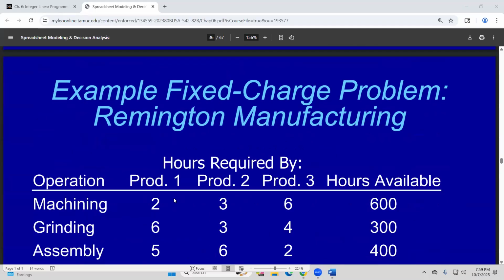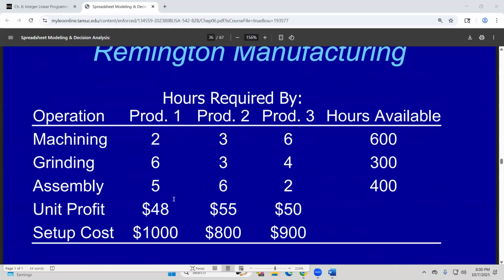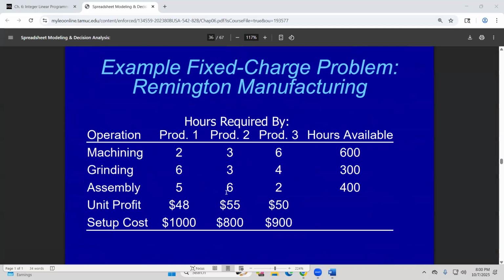Okay. So this is the last topic that I want to cover today. It is about the fixed charge problem, right? So it means you're doing some production, you have a factory and you want to produce something, right?